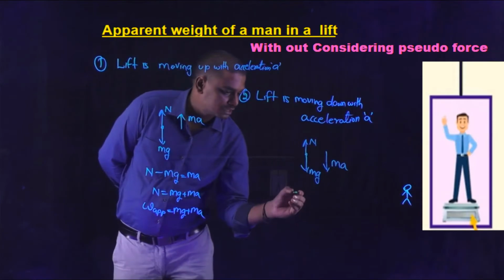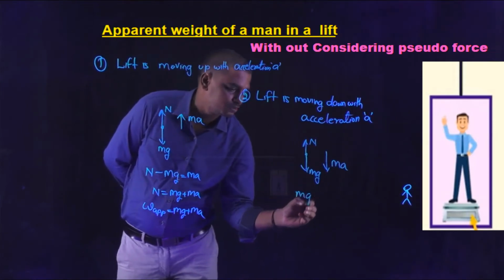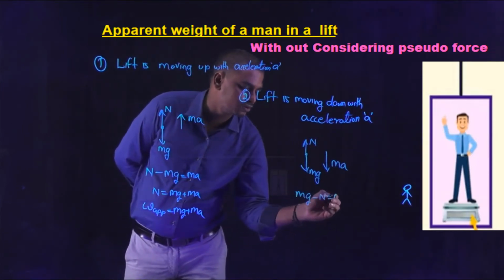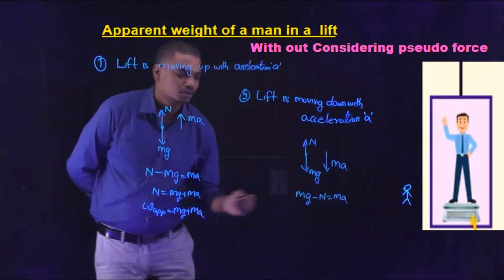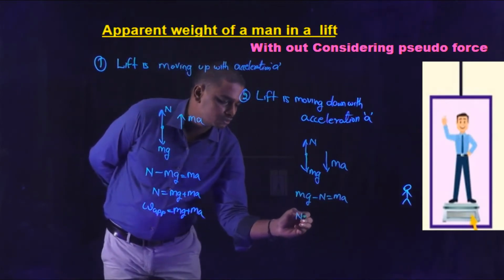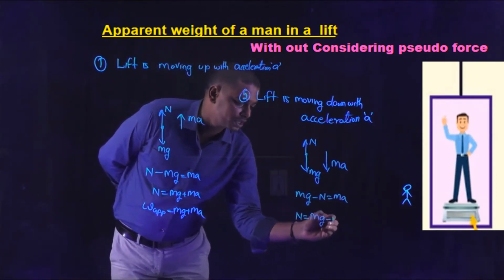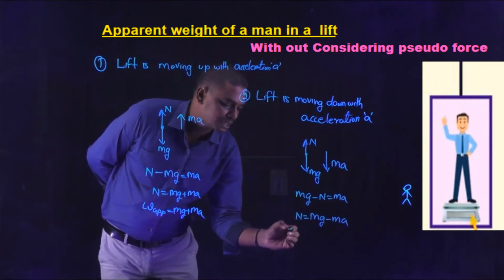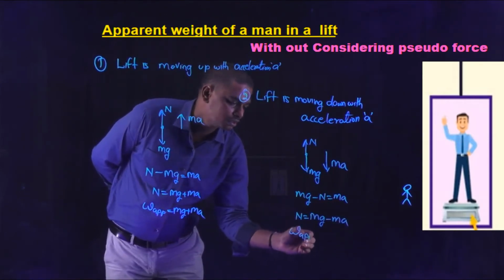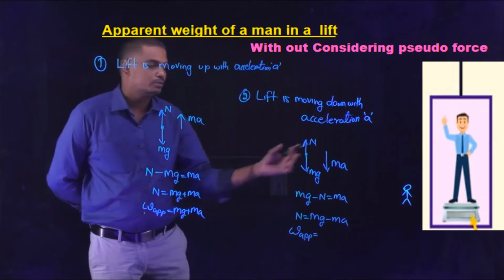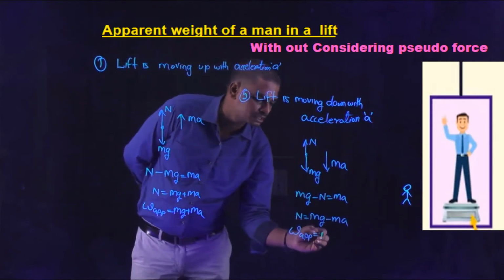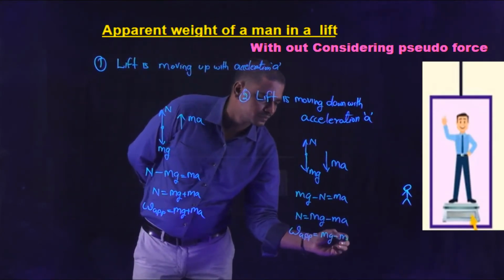So now the equation is mg minus N is equal to ma, or N is equal to mg minus ma. N is nothing but the apparent weight of the man, or the reading of the weight of the man on the weighing machine, that is mg minus ma.